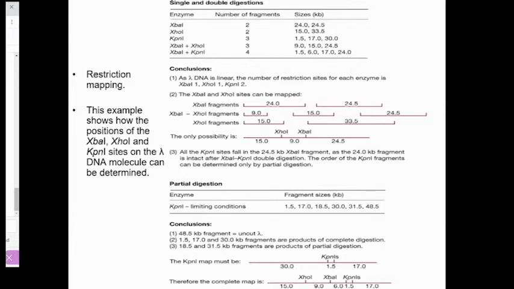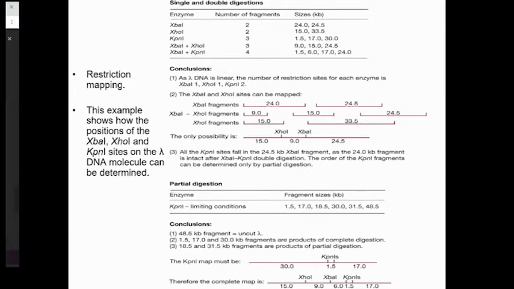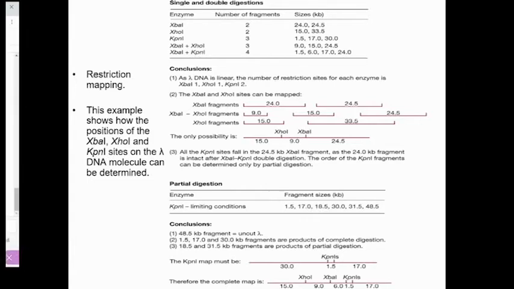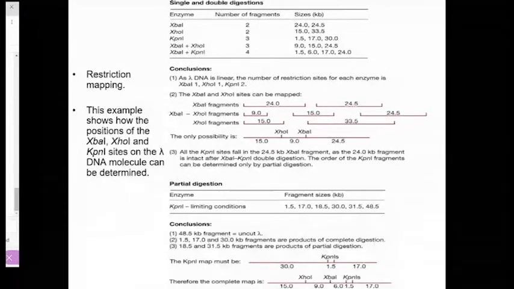So I'm going to do the demonstration of how to do the restriction mapping. You have to turn on the video, okay? So now, the restriction mapping. For XBA1, you have 2 fragments, 24 and 24.5 kilobase.